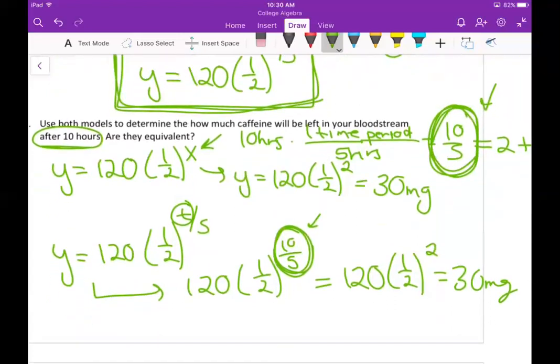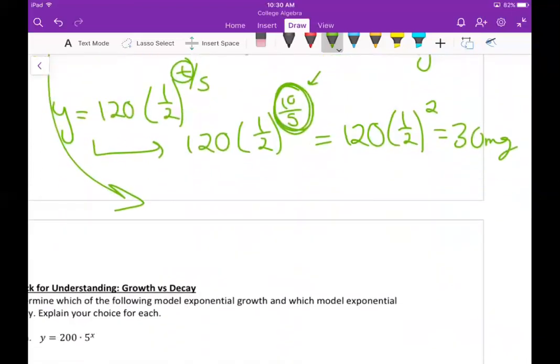But what we can do with this function right here is now see that hourly decay factor. So I have 120 times, and let me just use a different color here so we can realize we're doing something else here. 120 times 1/2 to the T over 5. Now, I'm still looking at this in terms of 5-hour half-lives.